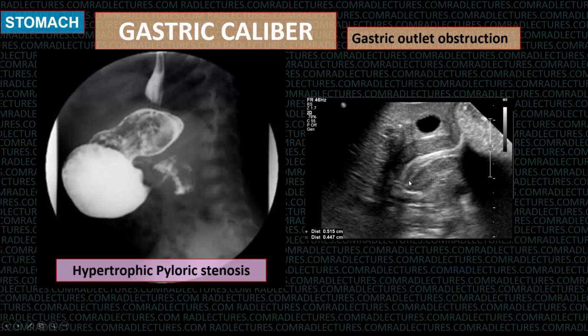Also, the length of the pyloric canal, if it is greater than 15 to 17 millimeters, is another sign of hypertrophic pyloric stenosis.